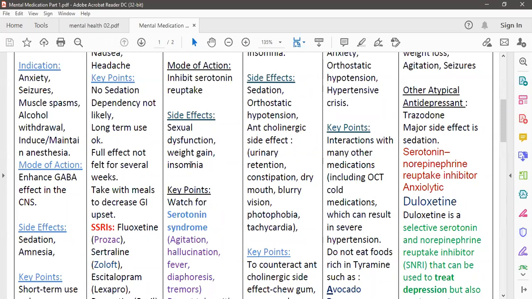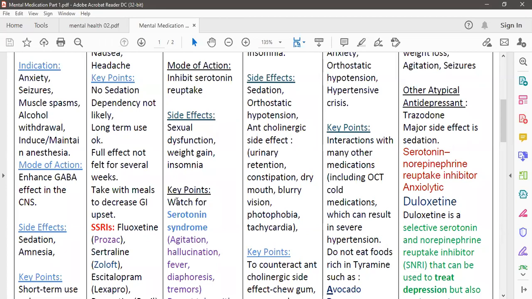Okay, so now the key points about the SSRI are: if you give the SSRI to the patient, they have common side effects, they can cause sweating, dizziness, and headache.